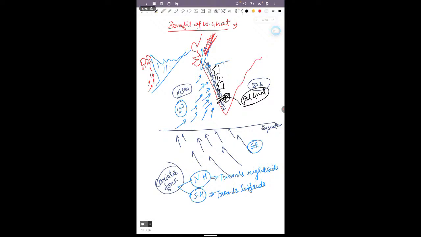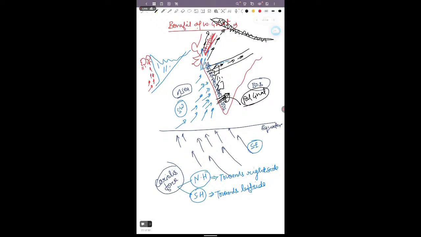The other limbs, through the Narmada and Tapti gap, enter this region and also precipitate in the Madhya Pradesh region, and one limb flows parallel to the Arabian Sea, reaches the Himalayan mountain system, and precipitates over here.